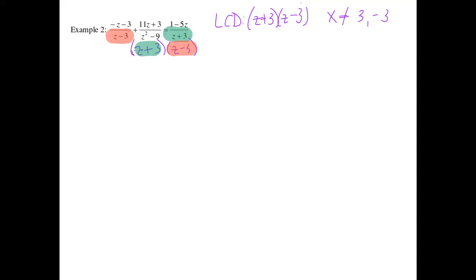So we factored, we found our domain restrictions, we found the LCD. Next step is to multiply every term by that LCD. So I'm going to rewrite that line. So LCD is z plus 3 times z minus 3 times the first term, which is negative z minus 3 over z minus 3. Then we add on the next term, but LCD first.